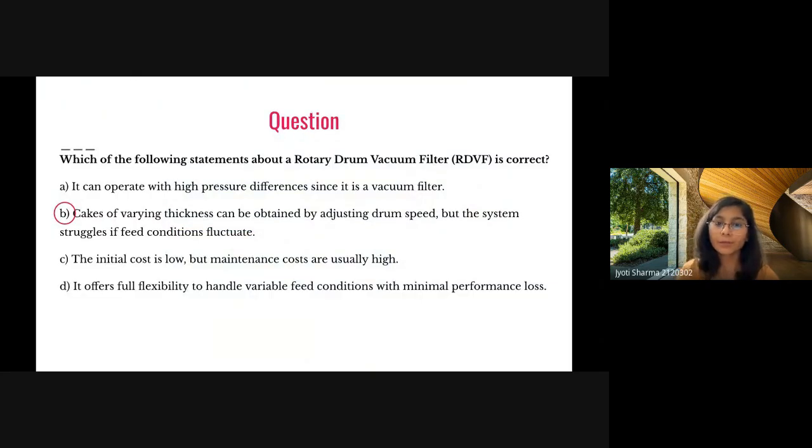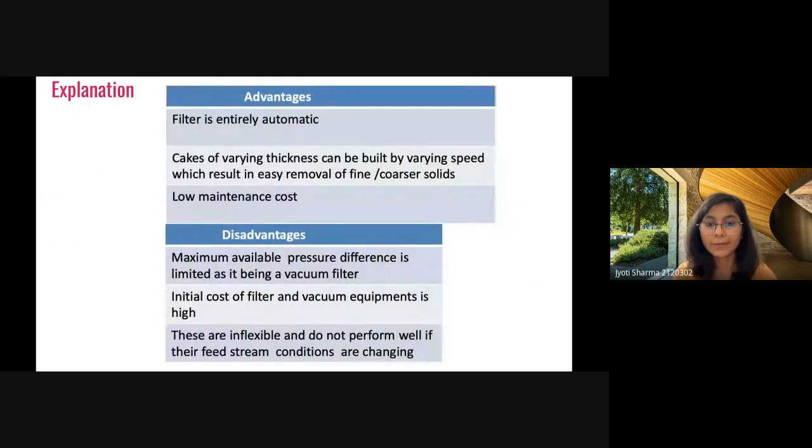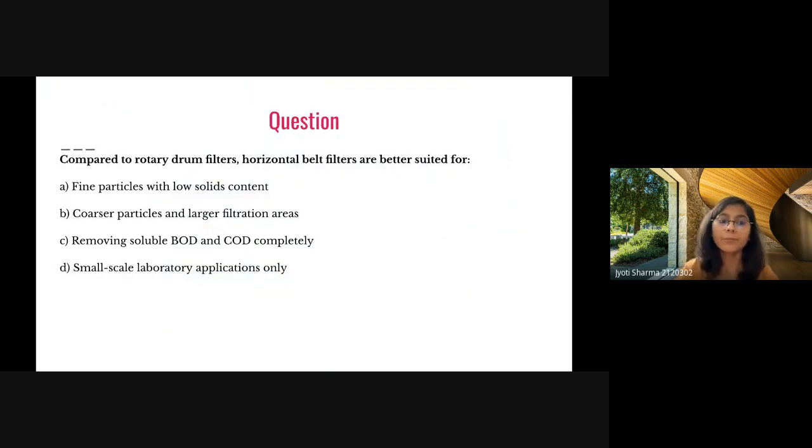So we can adjust the drum speed, but the system will struggle if the feed condition fluctuates. So this is the positive side, and the next part was the negative side of this RDVF. Okay, another method of dewatering is the horizontal belt filter.